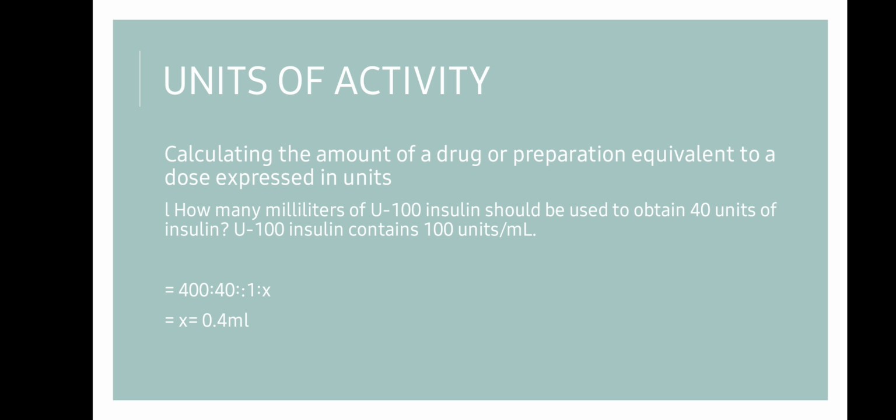So, milliliters natin dito, sa halip na milliliters yung ating unit ni ang ating gagamitin ay unit as their unit. Example natin dito, how many milliliters of 100 unit of insulin should be used to obtain 40 units of insulin.